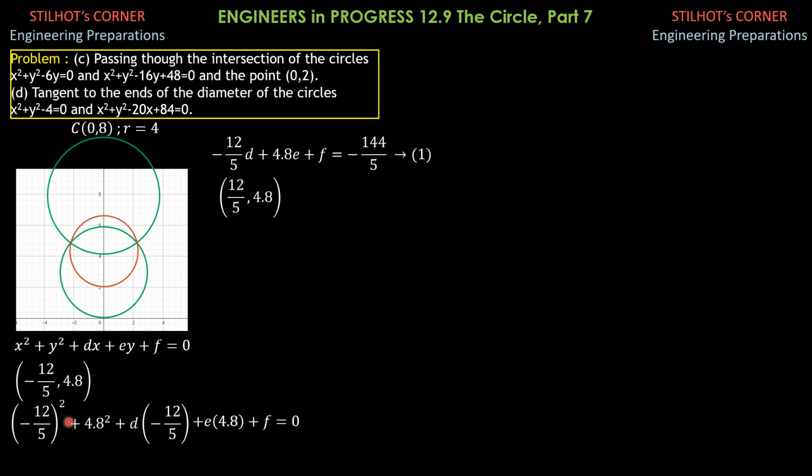Same values because these are squared. So we just change this to 12 over 5 d plus 4.8e plus f equals the same constant, negative 144 over 5, and call that equation 2.